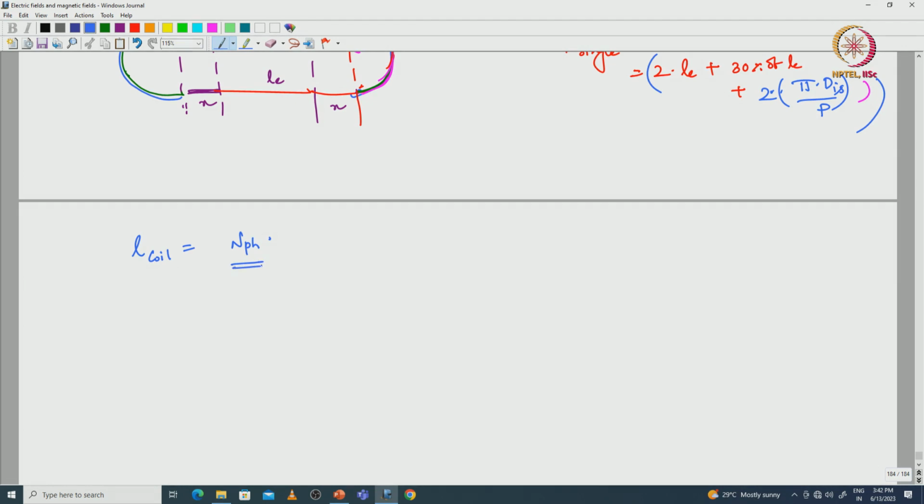Per phase this many number of turns are there, then the length of a total coil is nothing but N phase into the length of a single turn, that is equal to N phase into 2 times Le plus 30% of Le plus 2 times pi ds by p, okay.